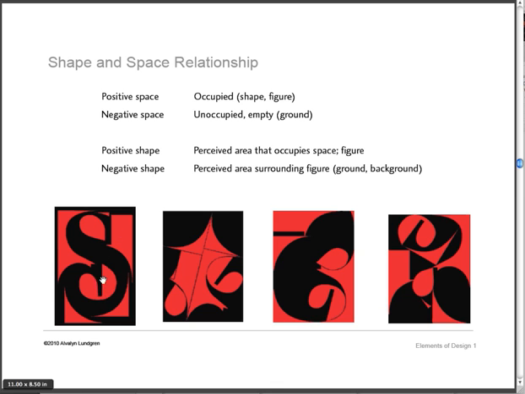But notice that the shape of the S, or shape of that negative area, actually has a shape. So that is a negative shape. This is negative space. It's not negative shape because it occupies the entire area of this screen, the entire design area.